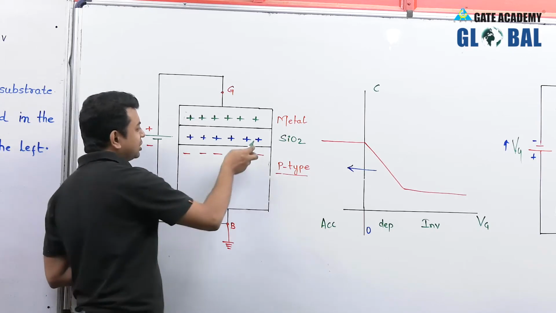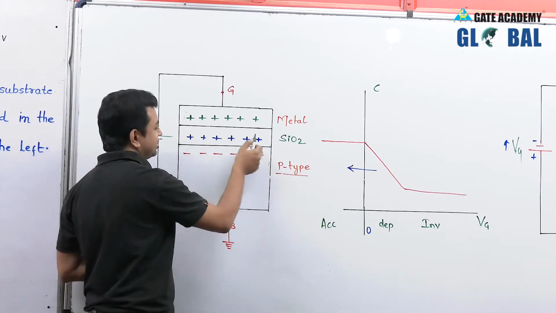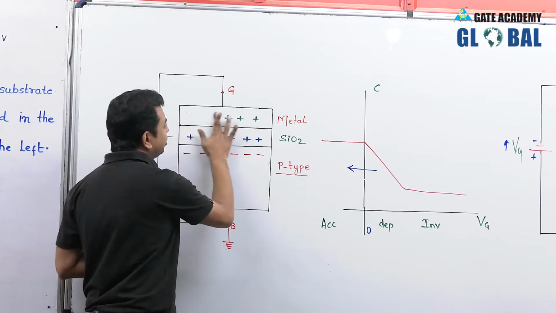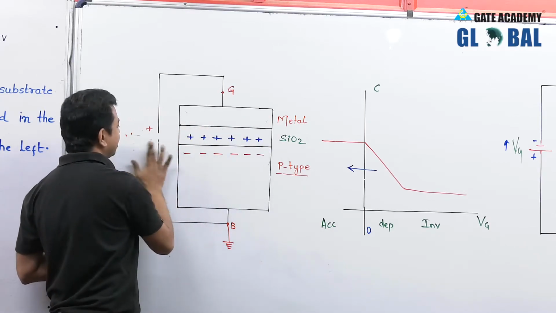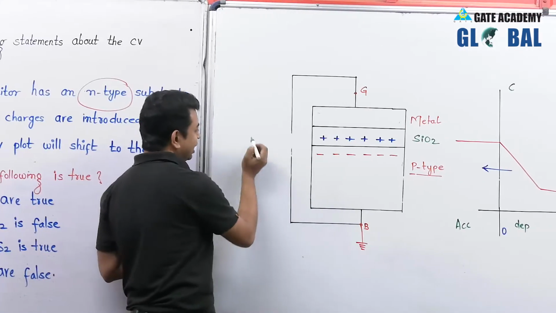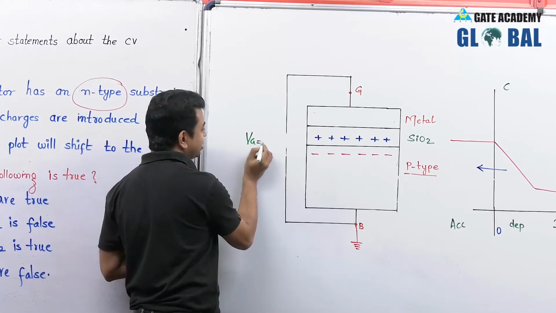So, what will these positive charges result in this characteristic? Initially we don't have anything. Suppose we are not applying any potential, and the gate potential is set to 0. Understand one by one.